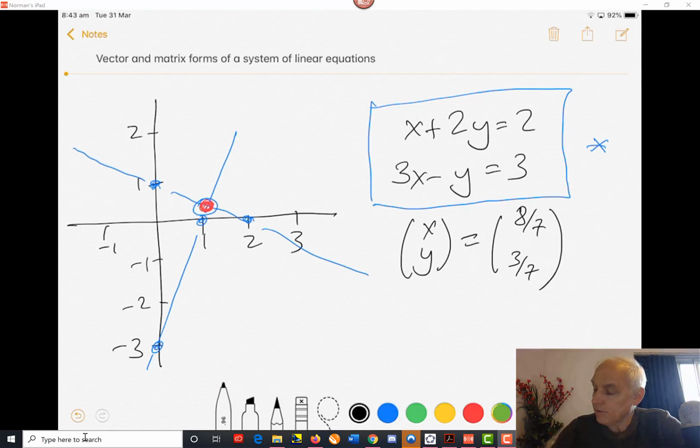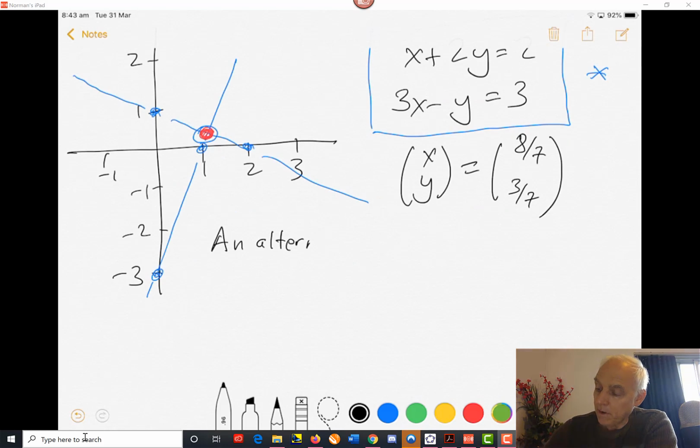Now today I want to talk about an alternate interpretation of this system of equations. And this will be a kind of vector form for interpreting things.